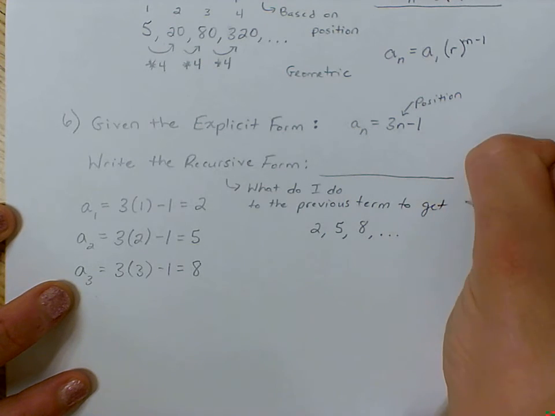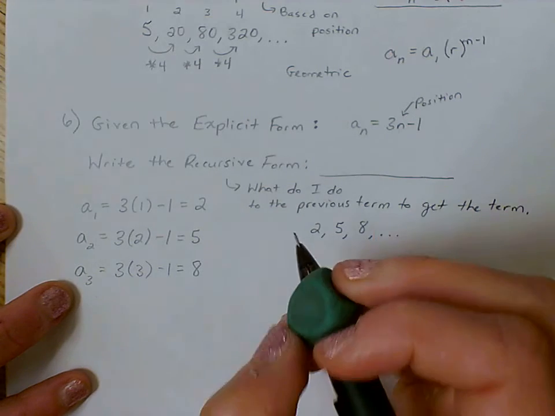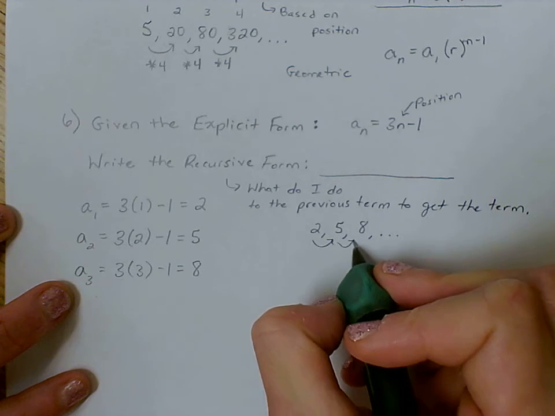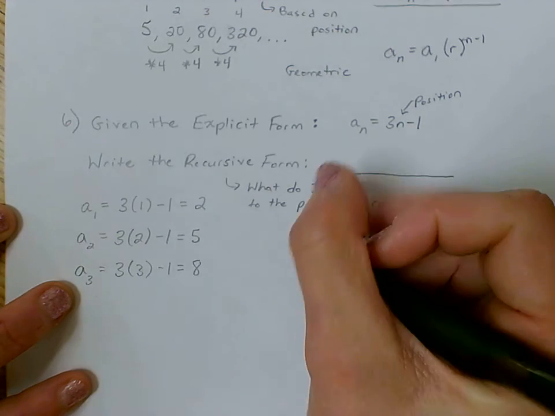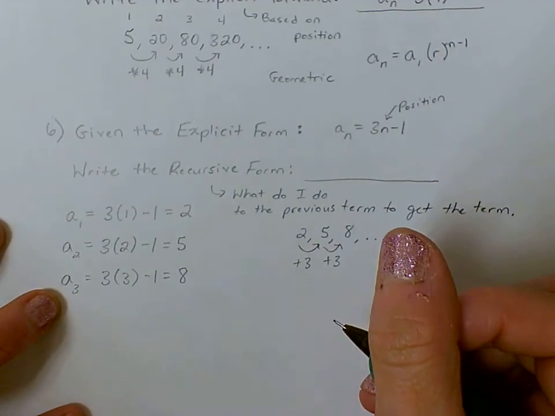So you're looking at the pattern here. And then remember, there's 2 ways of writing it, okay? So let's find the pattern first. What am I doing from term to term? And you'll notice that I'm adding 3. And so that means it's an arithmetic sequence, okay?